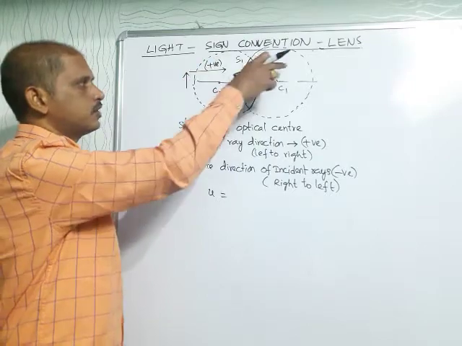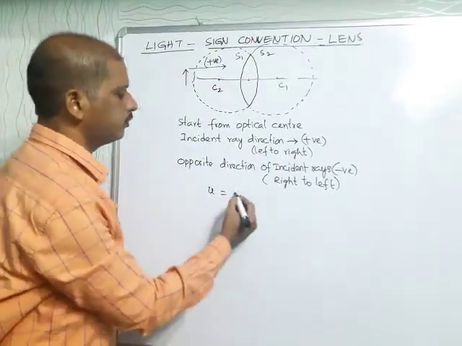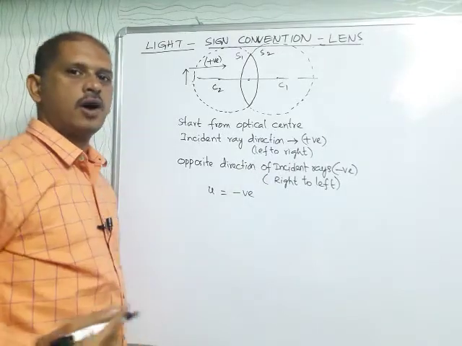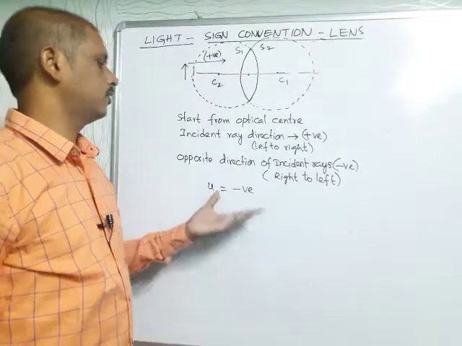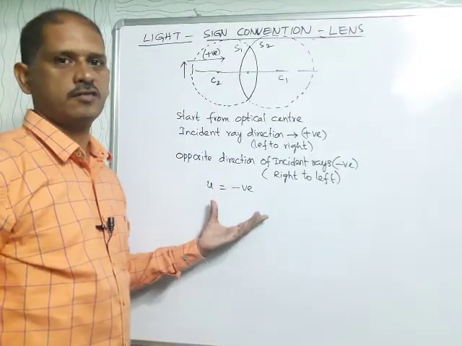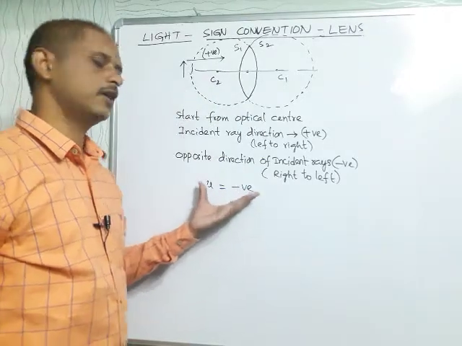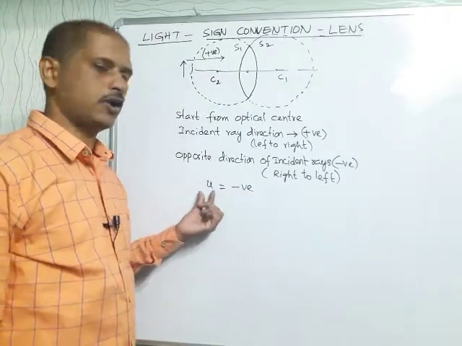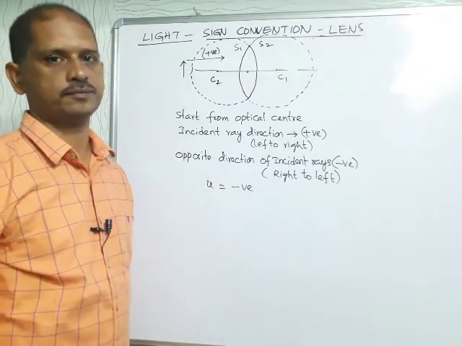So this is positive, opposite direction should be considered as negative. So u is negative. Always you are keeping the object distance at left side, so always u is negative only. Why? Because in opposite direction to the incident rays we are measuring. So there is no confusion for measuring the object distance. Always keep your mind that it is negative.